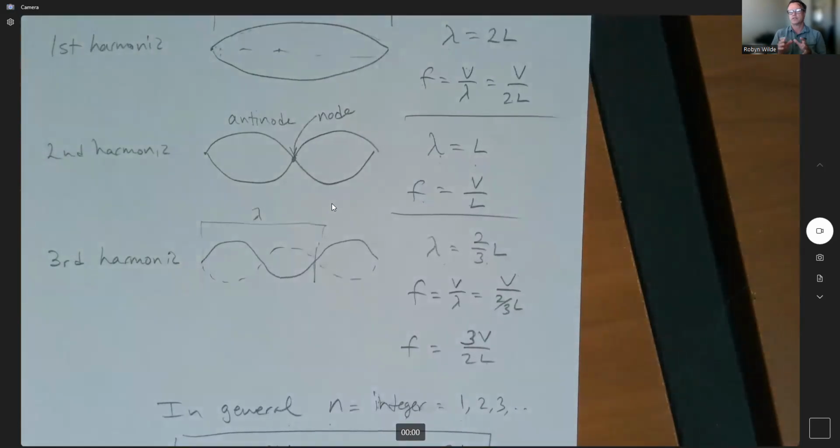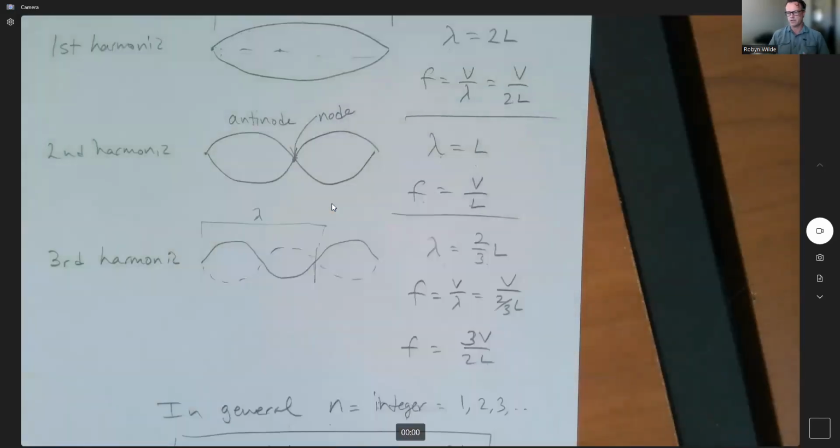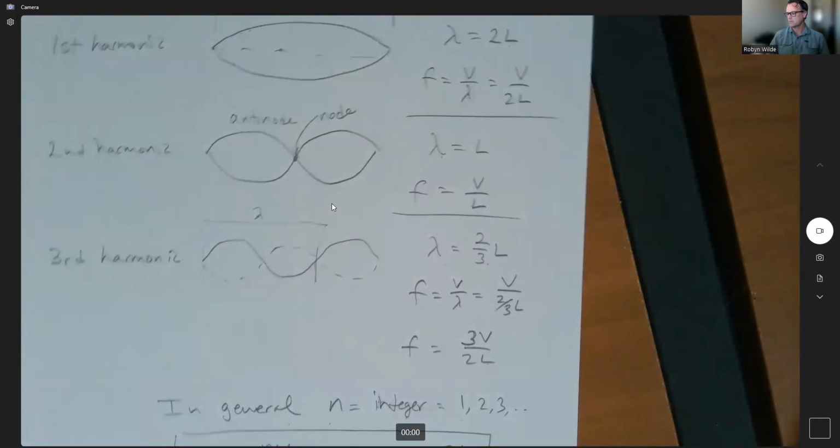And this is why it takes a very precise frequency, because the timing has to be perfect. It's exactly a resonant situation, right? And this is why it doesn't happen at just any frequency. It only happens at these harmonic frequencies. But it is due to destructive interference at the node and constructive interference at the antinode.